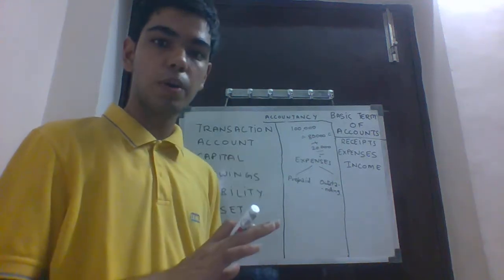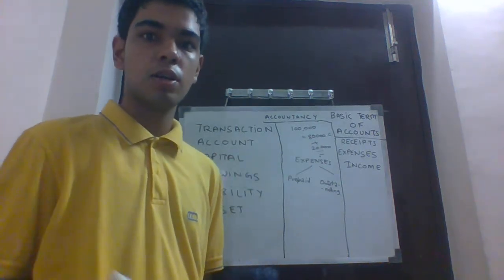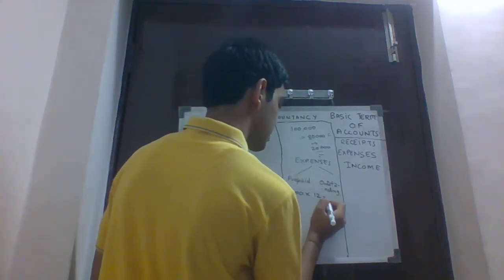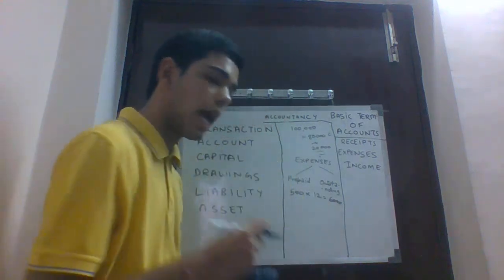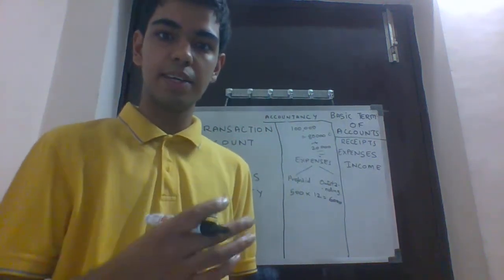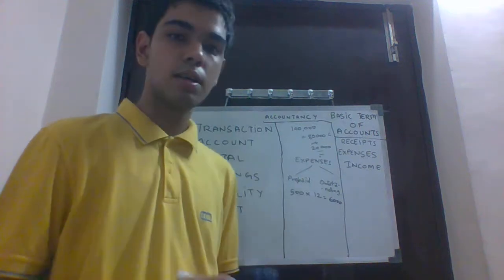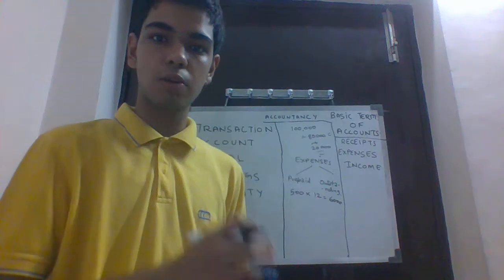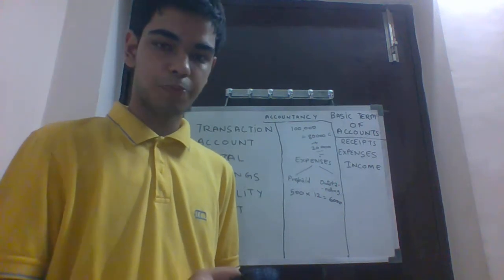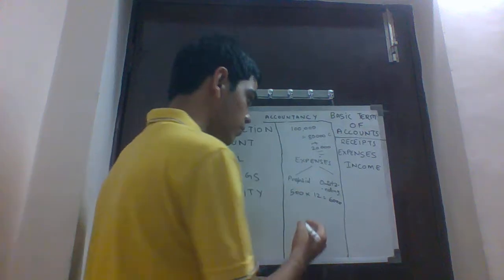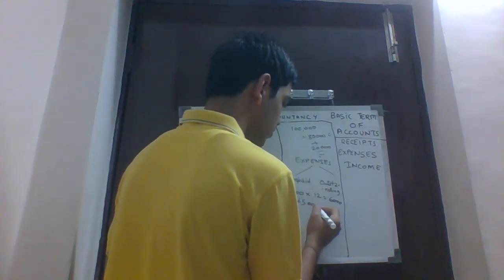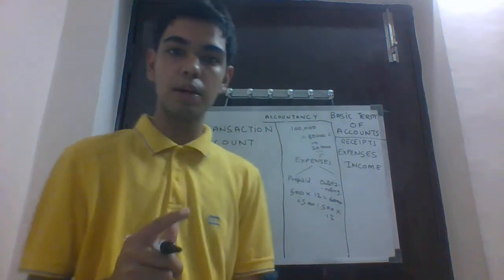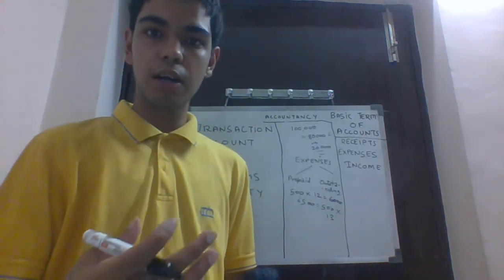So if we have decided a rent of 500 rupees per month, 500 into 12 is equal to 6,000. If on April 1, 2017 we have given our landlord 6,000 rupees as rent at the rate of 500 rupees per month, it is called a regular expense. But if we consider giving 6,500 rupees, then it will account for 13 months, that is, one extra month after that accounting year.